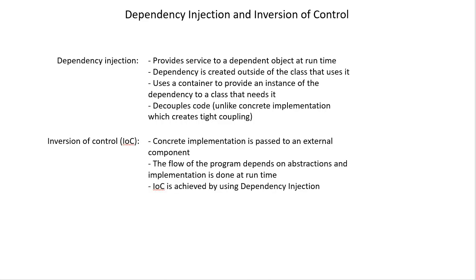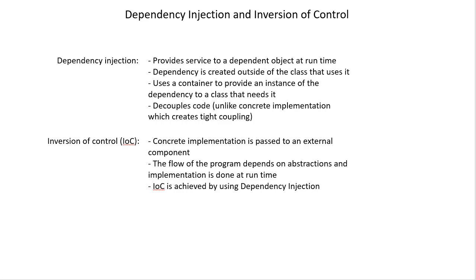So how do we decouple the code in .NET Core? Well, that's where the inversion of control pattern comes into play. It delegates the function of selecting a concrete implementation type for the controller's dependencies to an external component. Alright, that's a mouthful.